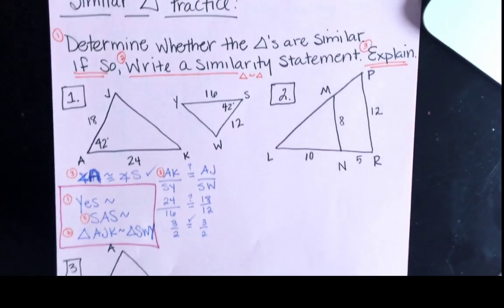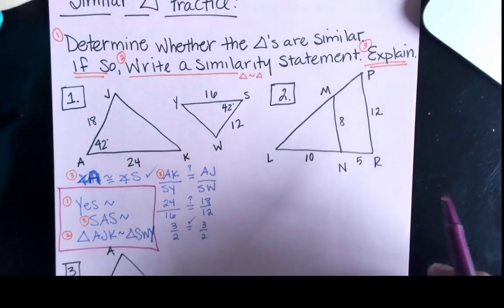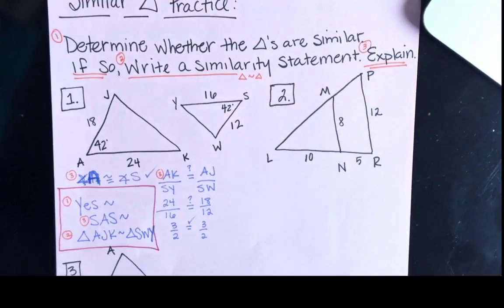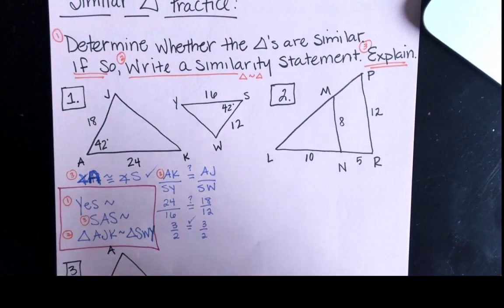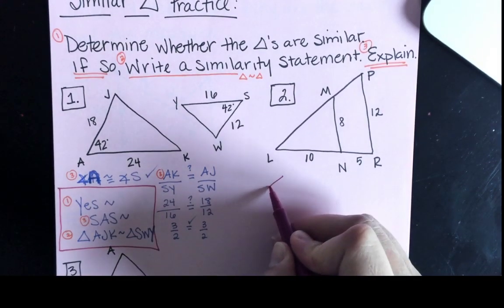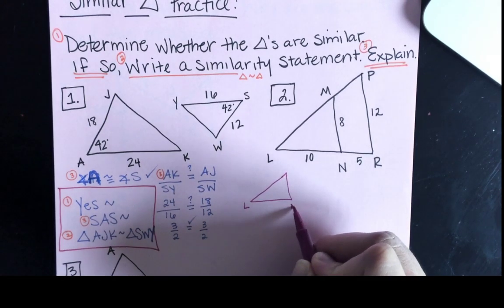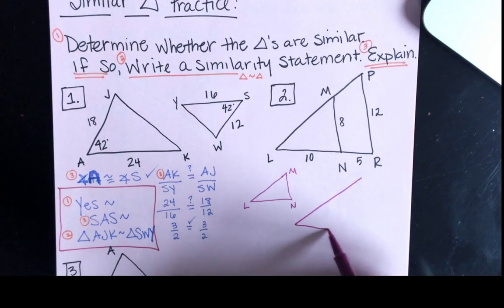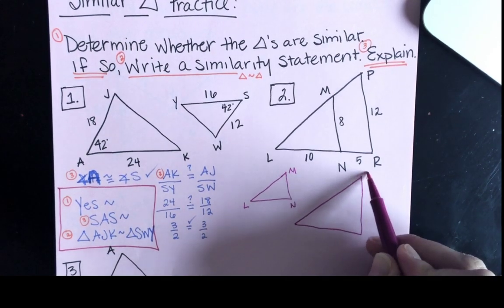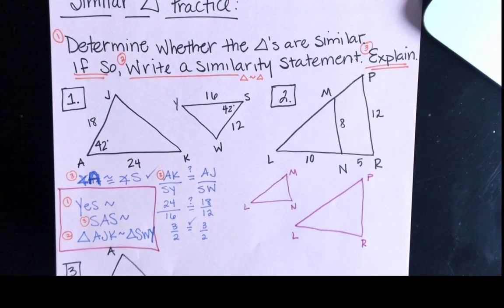And here's the issue with number 2. I am going to always suggest that you separate your triangles. If you leave them like this, it's going to be really difficult to look at. So the first thing that I'm going to do is separate, for my own visual purposes, L, N, and M. And I'm going to separate so that we see P, R, and L. And it will make it a lot easier.